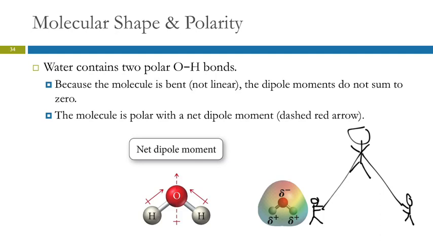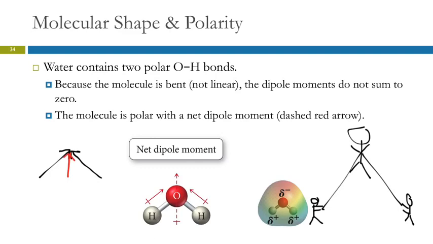So these vectors do not add up to 0. The magnitudes of these dipoles are the same, but the angle means that they don't add up to 0. So what we have is this vector and this vector, and vector addition says that we'll have something like this.